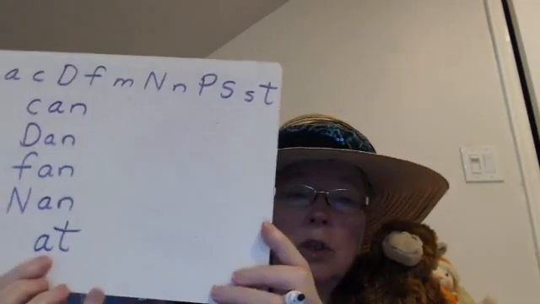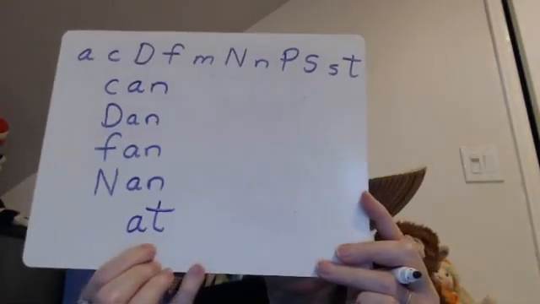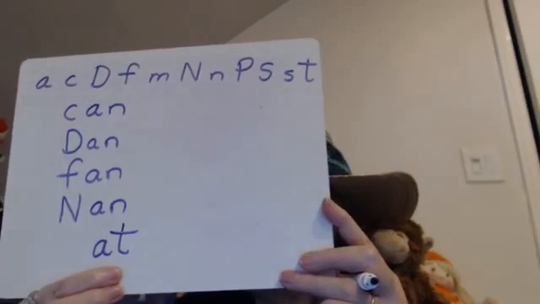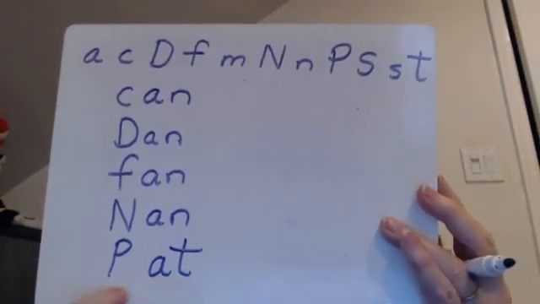All right, now we're going to take away the lowercase n and replace it with a T, and now we have A-T, which is pronounced at. We're going to add an uppercase P, or capital P, and we now have the name Pat.